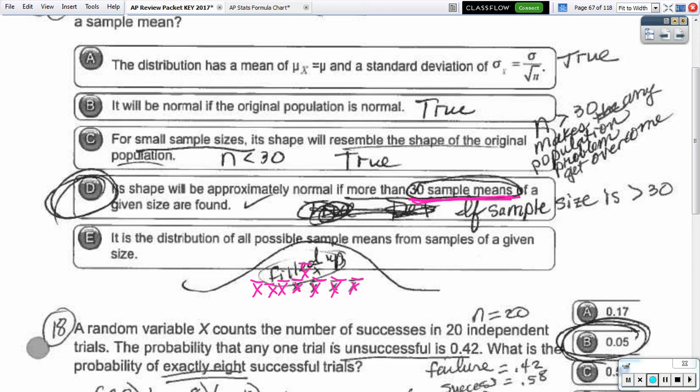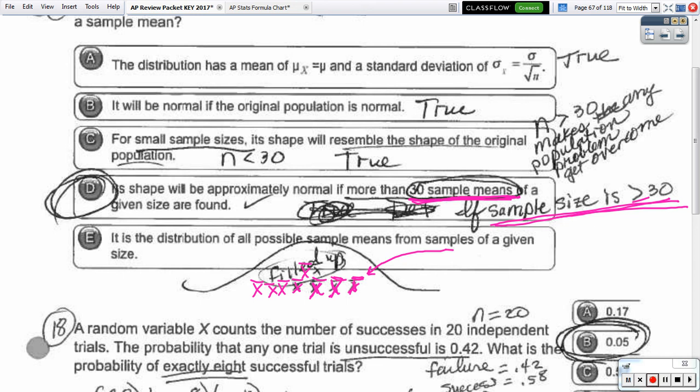The key is that this x bar comes from averaging more than 30 items. Averaging more than 30 items, and that's that x bar. It's the sample size that has to be greater than or equal to 30, not just more than 30 means.